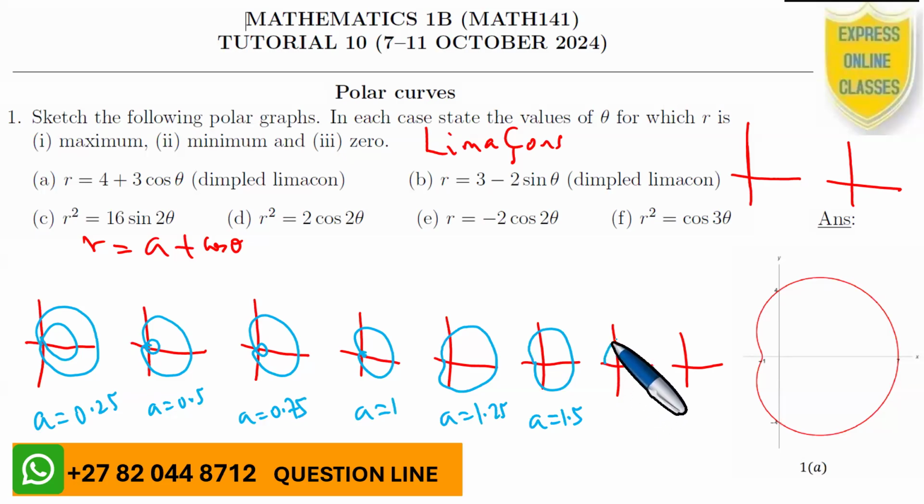There's this one here, a little bit straight, which is A equals 1.75. Then there's A equals 2.